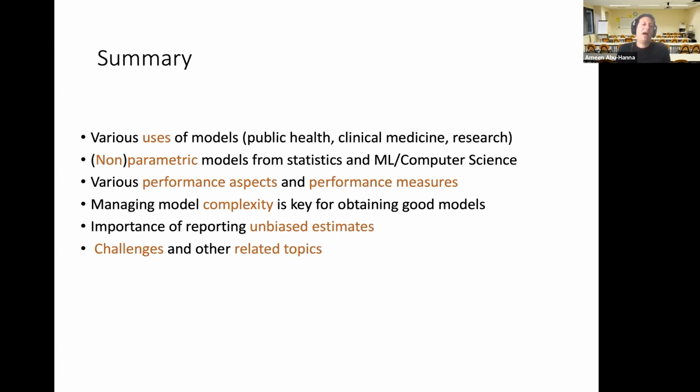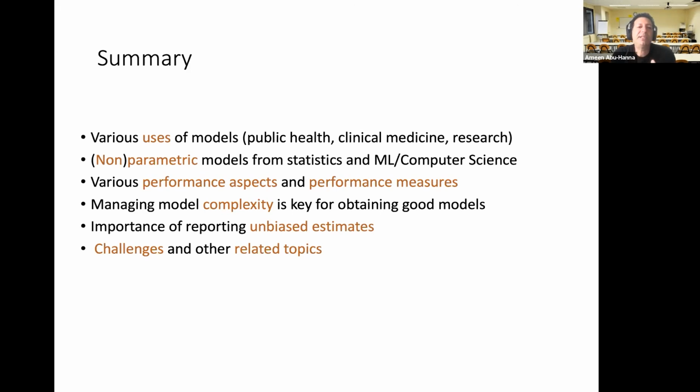So we've seen in this tutorial various uses for models in public health, in the preventive sphere, clinical medicine, when people are patients, and in research, especially for including patients in clinical trials.